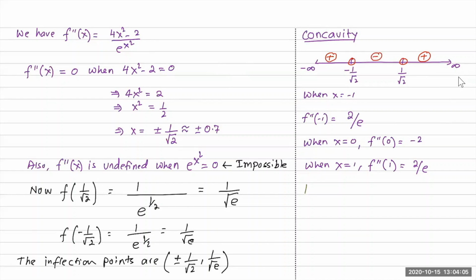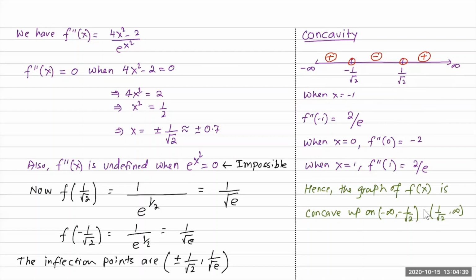Hence, the graph of f of x is concave up on the interval from negative infinity up to negative 1 over square root of 2, and also from 1 over square root of 2 up to infinity.